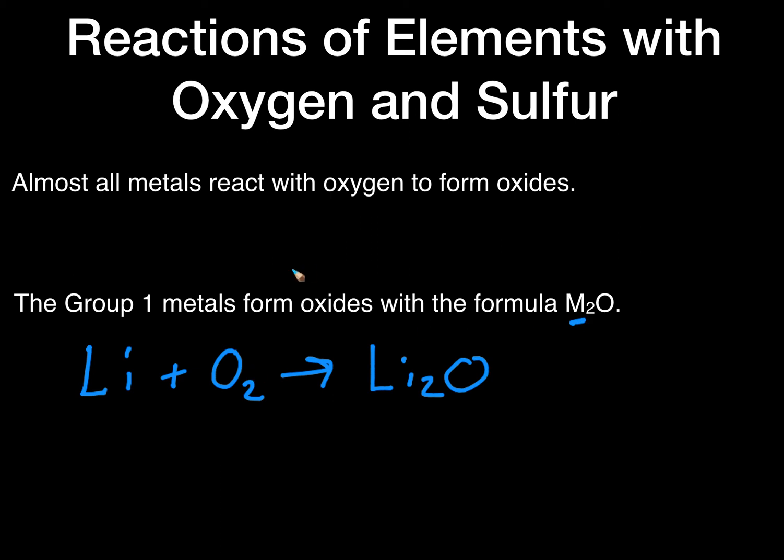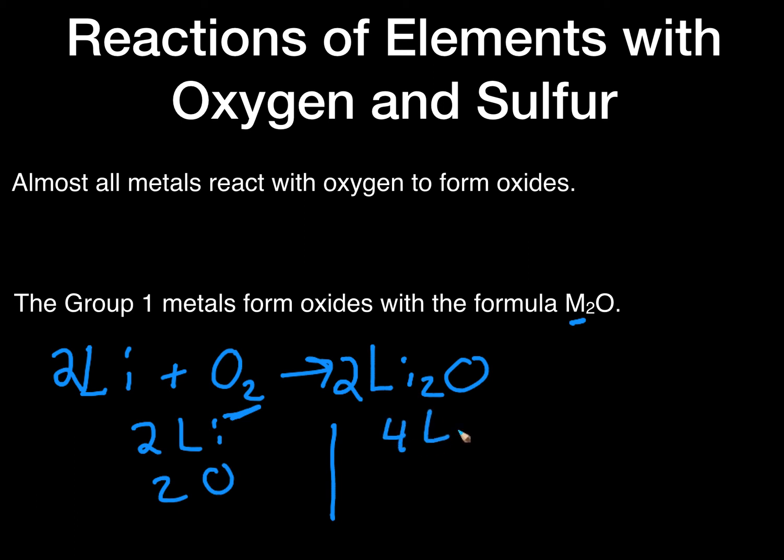Now just make sure we balance these. So how do we do that? We see we have 2 lithiums on the right, so we need 2 on the left. But now we have 2 oxygens on the left, only 1 on the right. So let's put a 2 here for the Li. So right now we have 2 Li and 2 O on the reactant side, and on the product side we have 4 Li and 2 O. So there's something wrong here.